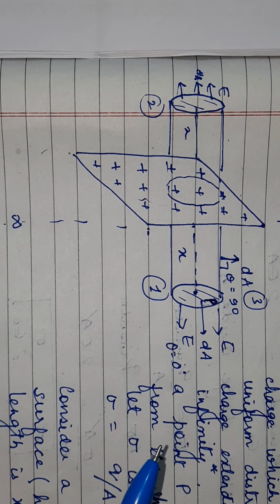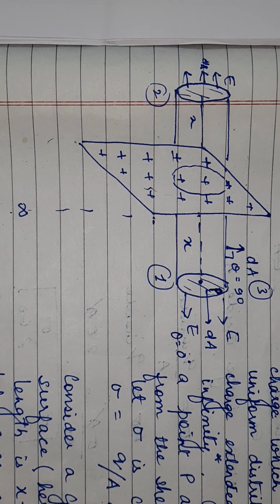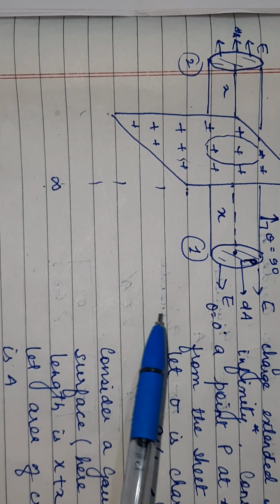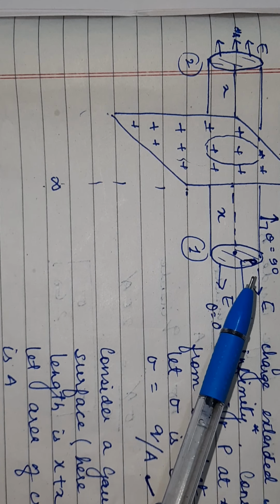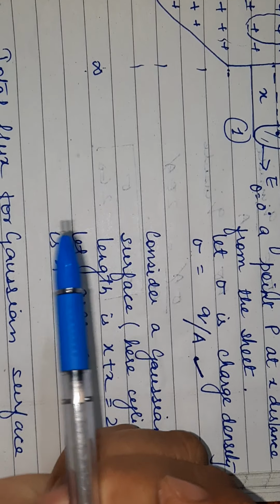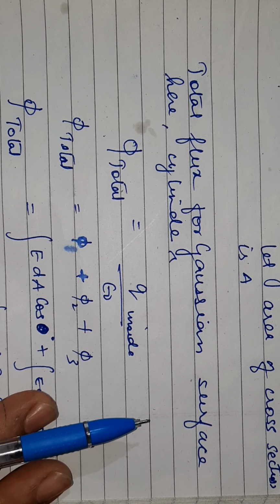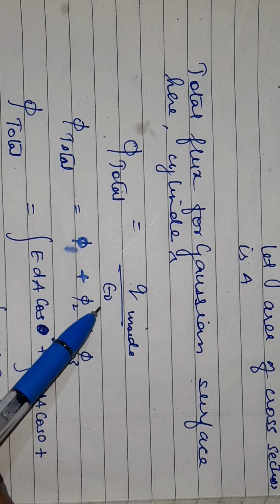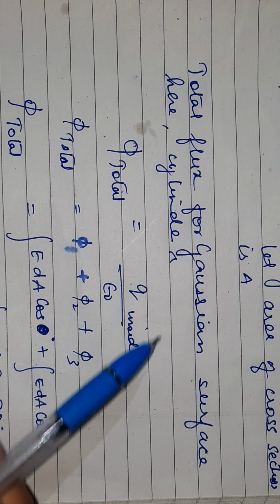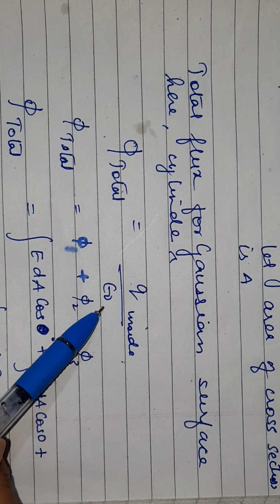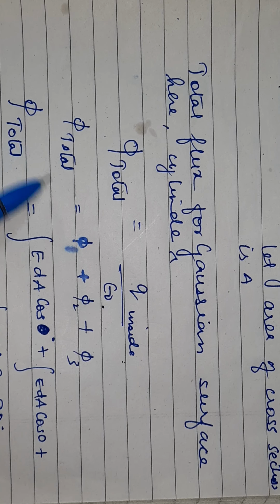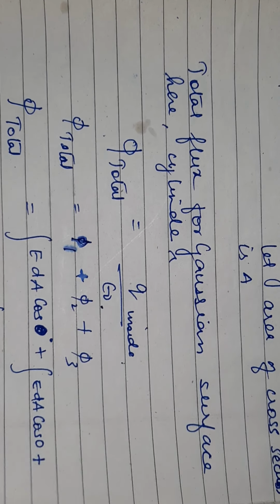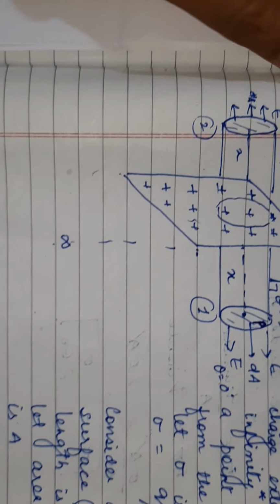Now we'll consider the total flux for the Gaussian surface. The total flux crossing through this Gaussian surface will be Q inside, meaning whatever charges are inside this Gaussian surface, Q inside upon epsilon naught. The total flux can also be written as phi 1 plus phi 2 plus phi 3. What are these? Let us see.